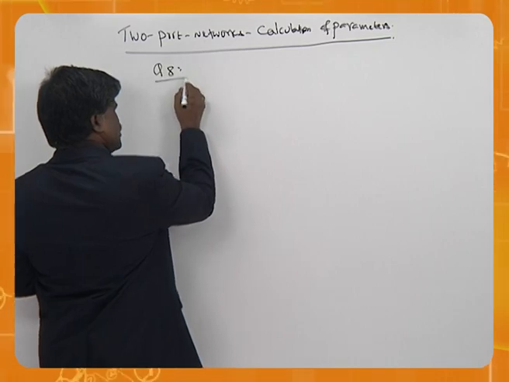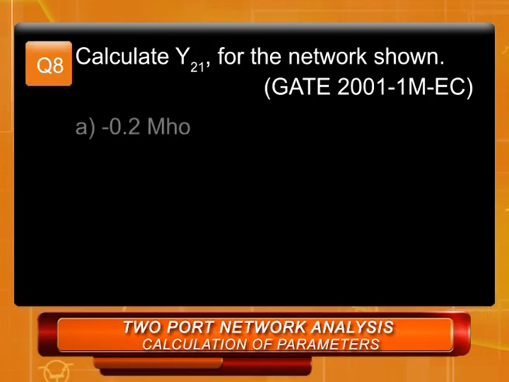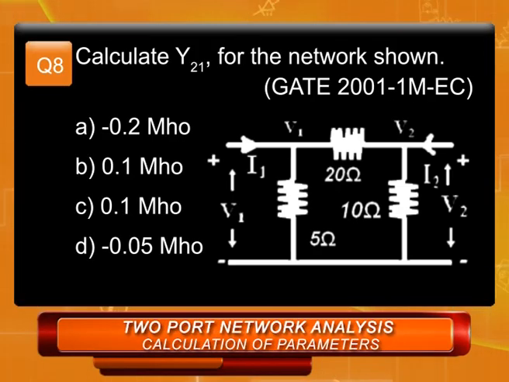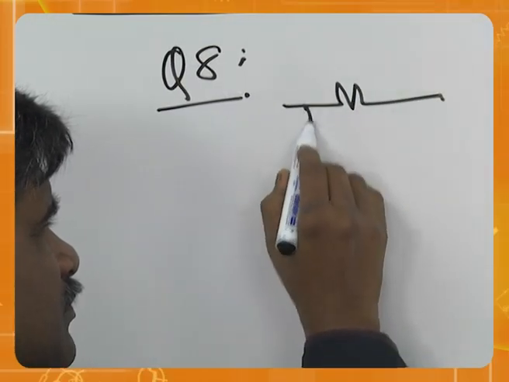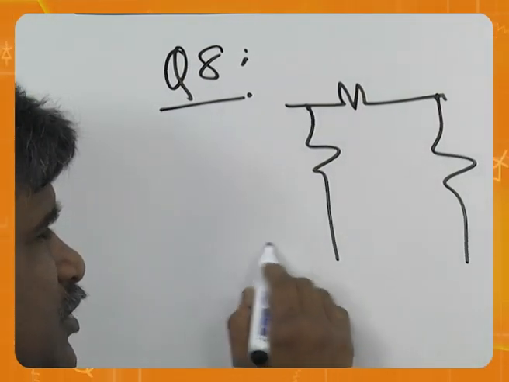Question number 8. The question is to calculate the Y21 admittance, GATE 2001, 1 mark. Please understand, when 1 mark is given you can't waste much time. ABCD parameters are also given. Look at this.